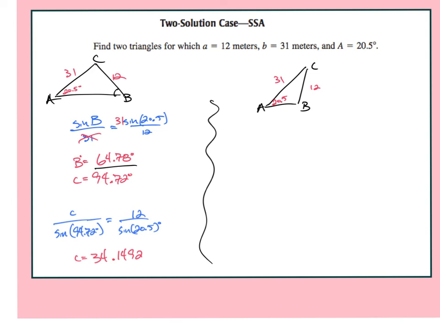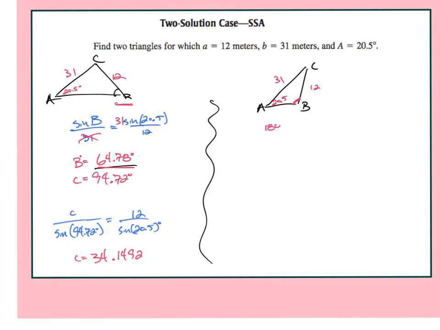All right. And the way to do that is when I have this acute measure, of angle B is 64.78, we need to get the obtuse measure. And the way to do that is we find its supplement. And what does it mean to be its supplement? Not 90, but 180. All right.